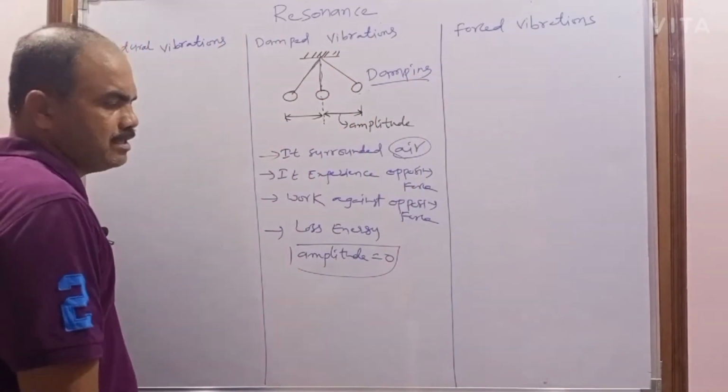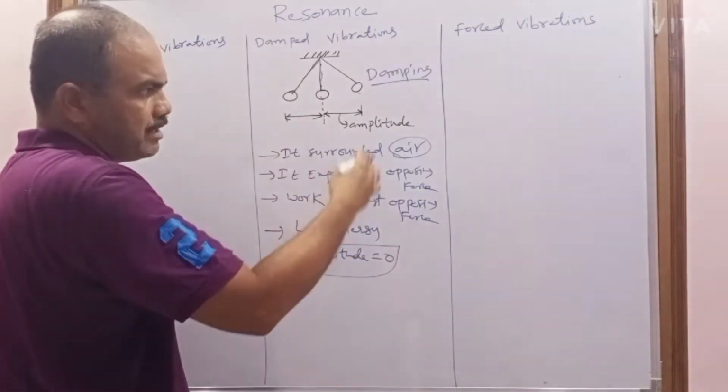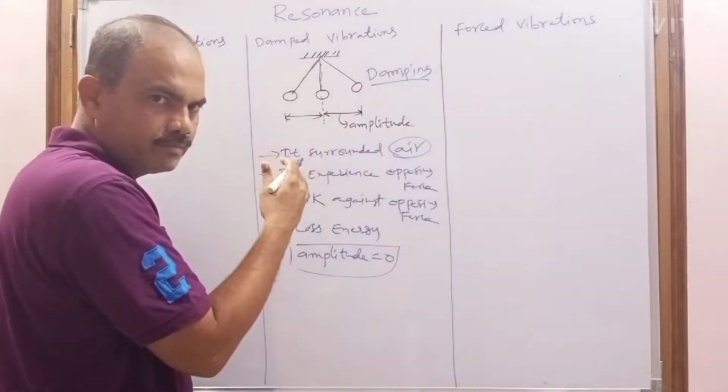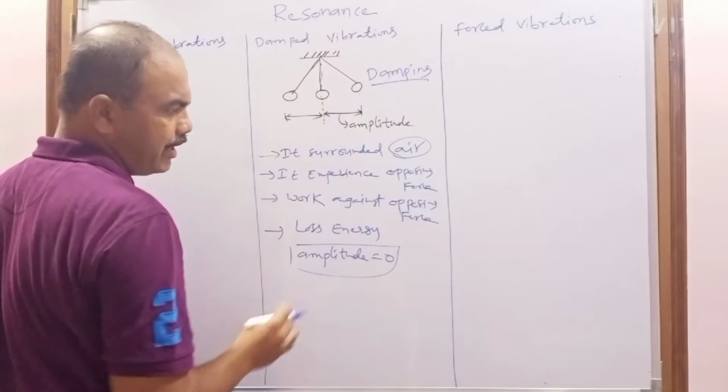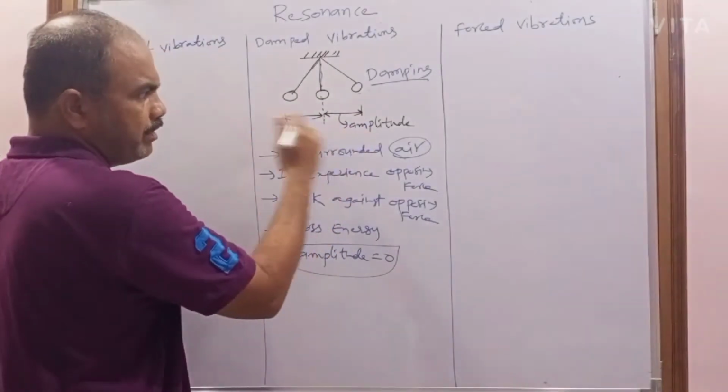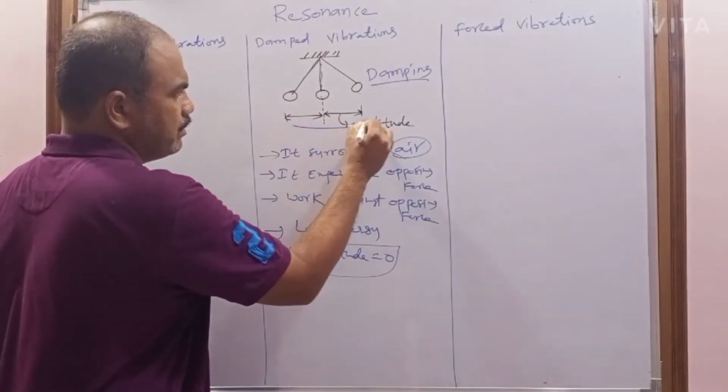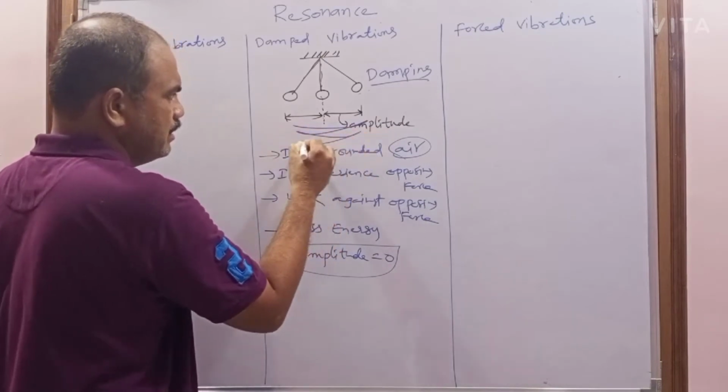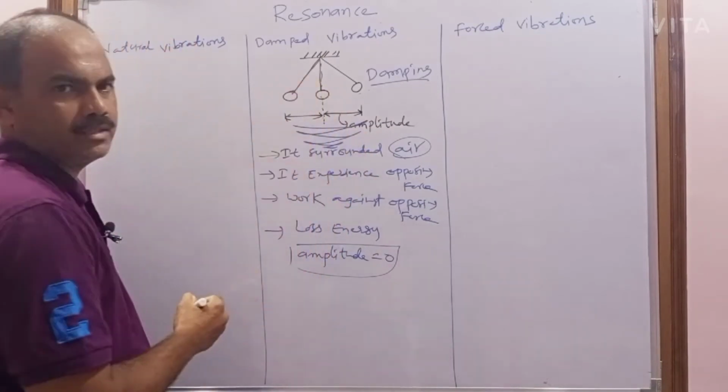Damped vibrations are periodic vibrations. They continue periodically, but with a decreasing amplitude. The amplitude is initially maximum, then gradually decreases and finally comes to rest.